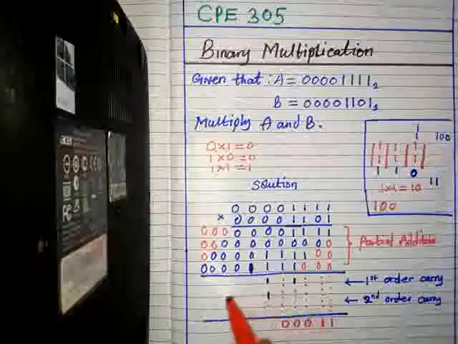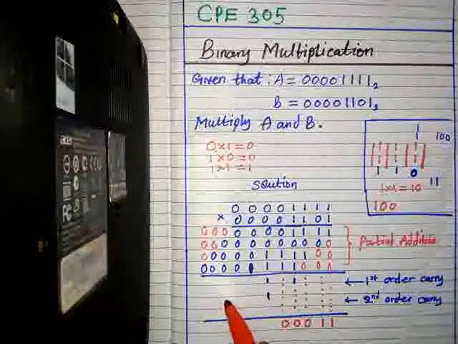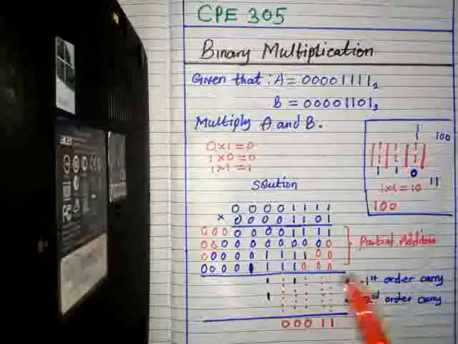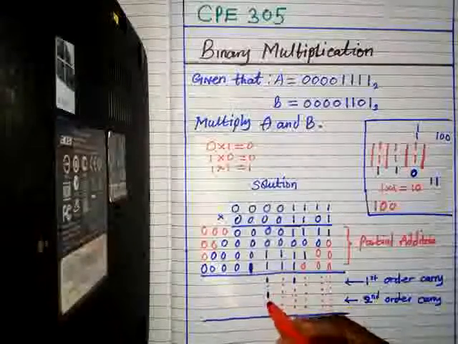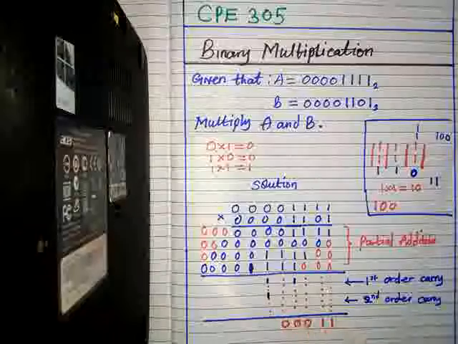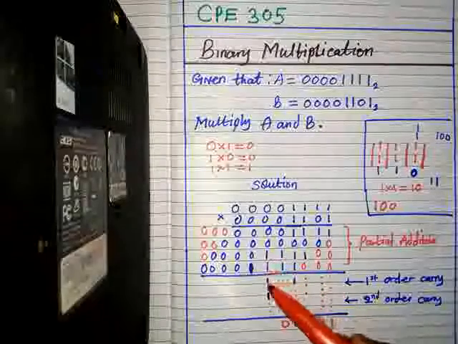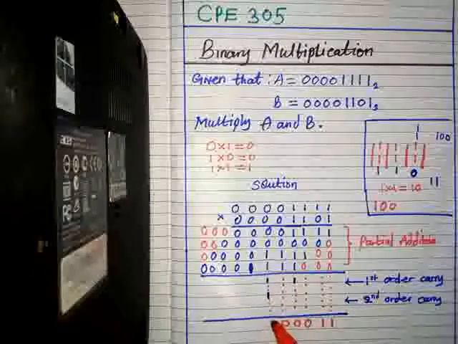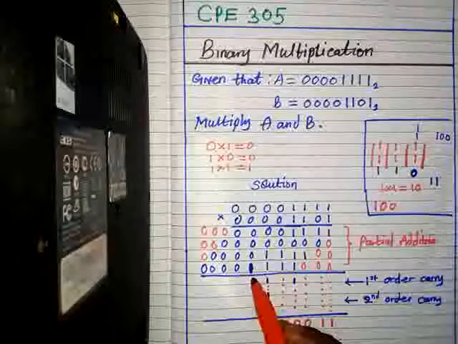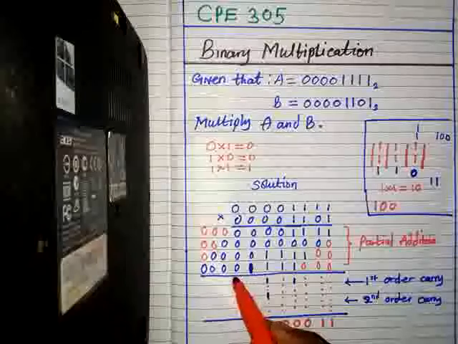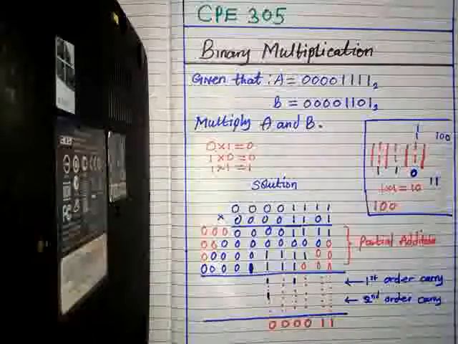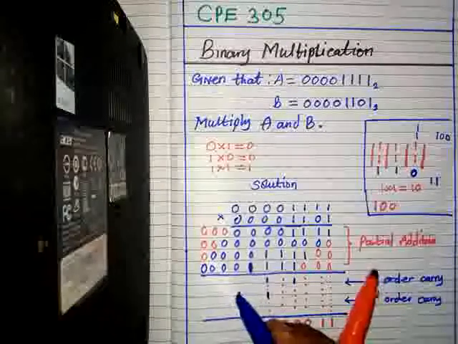The first row obtains the first carry, the second row the second carry. We did all this in order to make our work look very clean and beautiful. And this one also has 1 plus 1 plus 1 plus 1, which is 4. So we have 0 here, another 0 here, and 1 here as second carry, which is to be situated here.